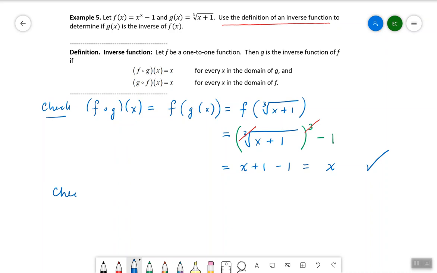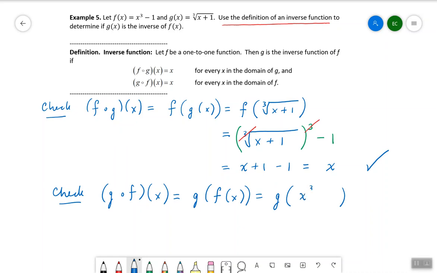So let's go ahead and check the other composition, g circle f of x, and we'd have g of f of x, which would be g of, and then f of x is x cubed minus 1, and so we can plug that into the g function.